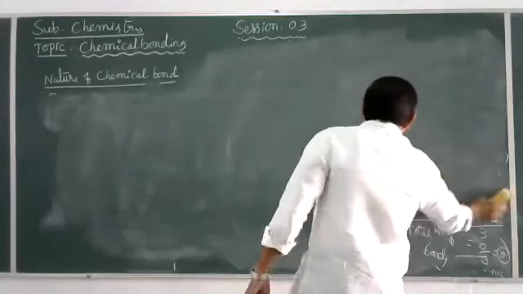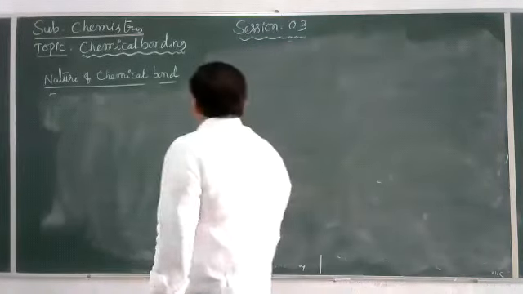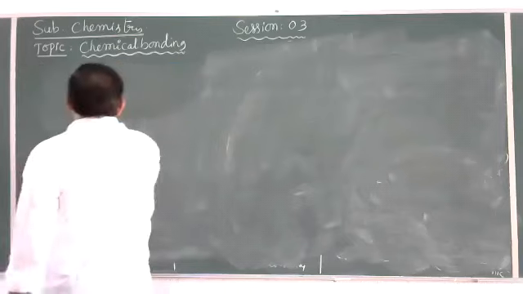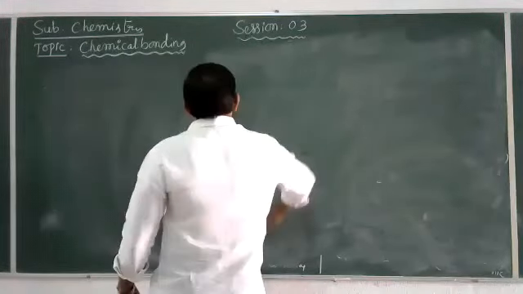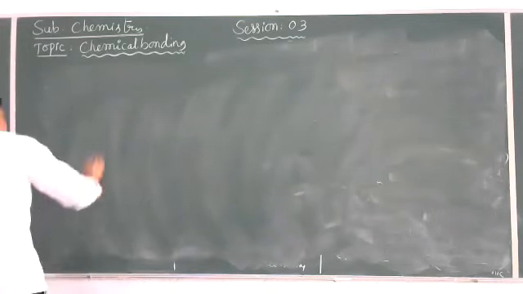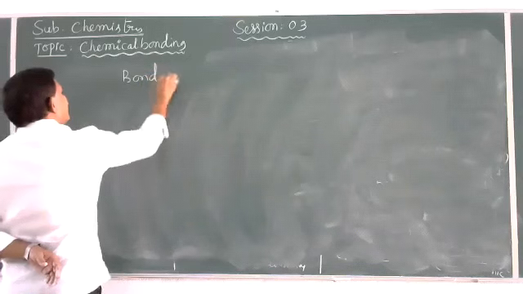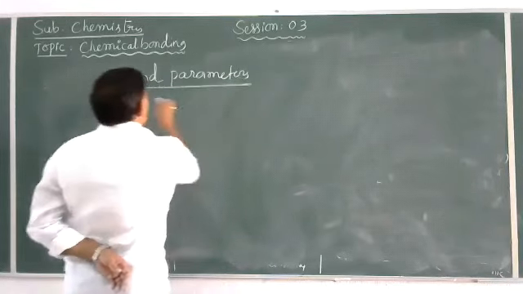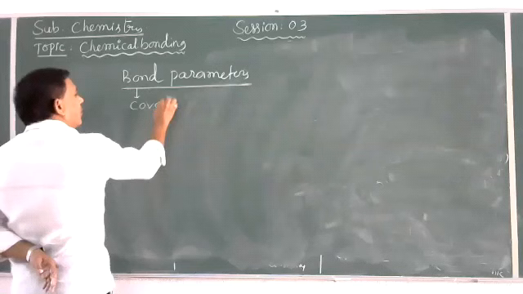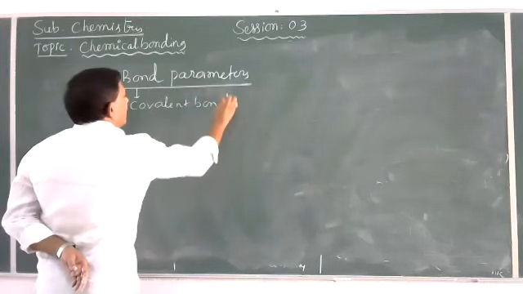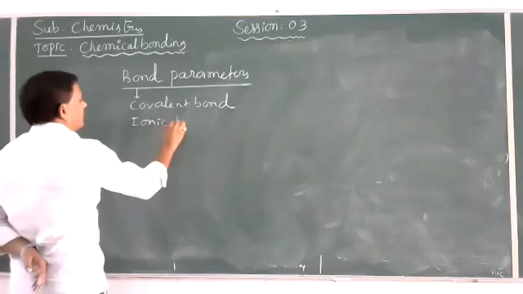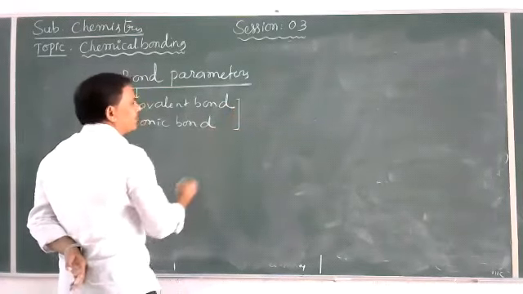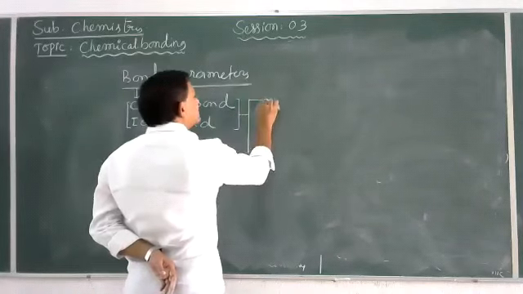For a bond, whether covalent or ionic, 4 important parameters are there.